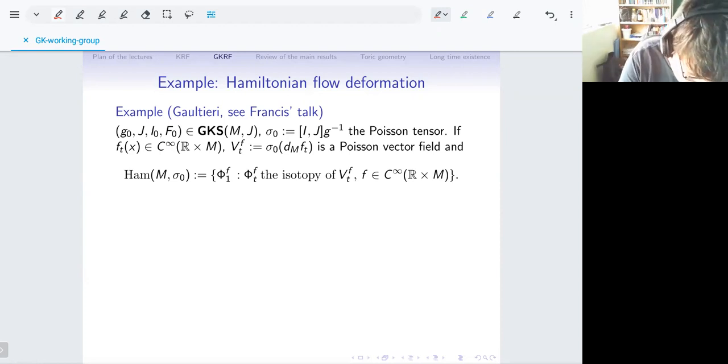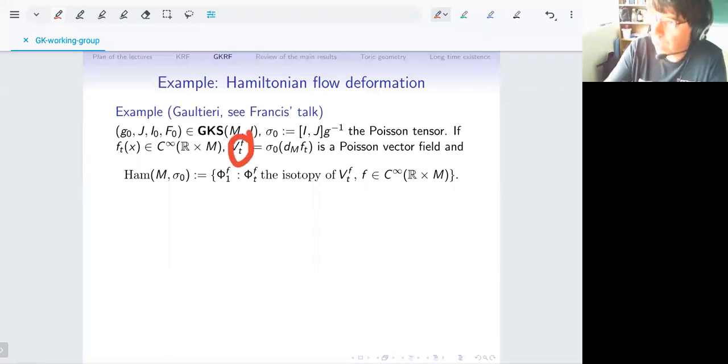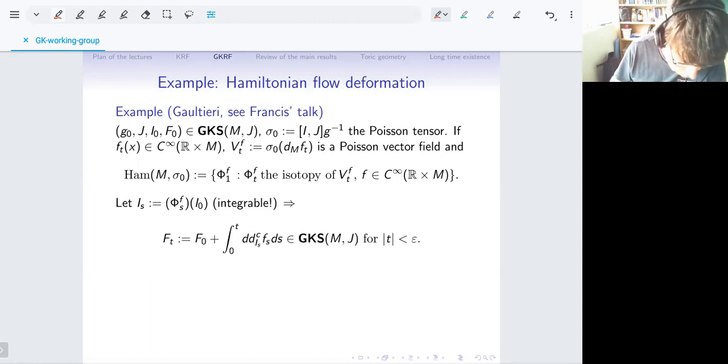You take a time-dependent function and you consider the time-dependent vector field, which is just the differential of this time-dependent function, coupled with the Poisson tensor sigma 0. This gives you a time-dependent vector field, and you consider the isotopy of diffeomorphisms this vector field defines. And this is a result of Marco that in this case you can use this to define a family of symplectic forms in our space for t small enough.